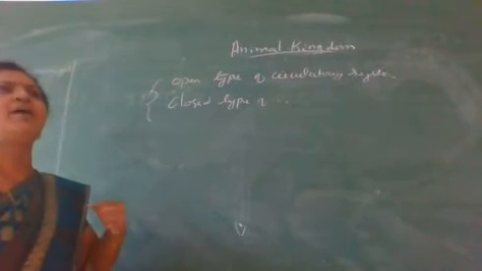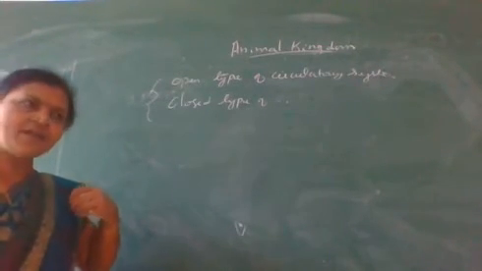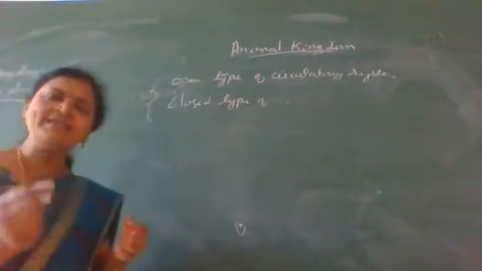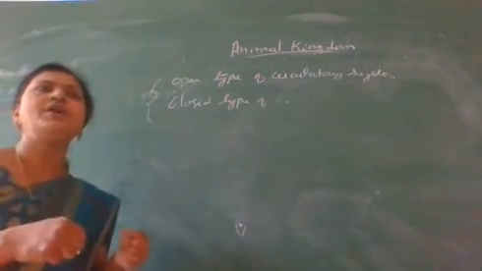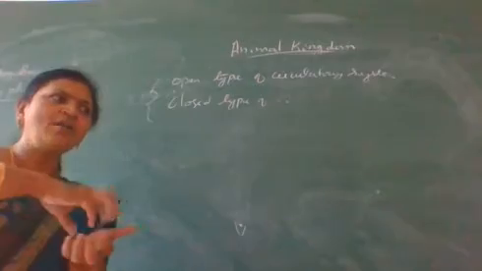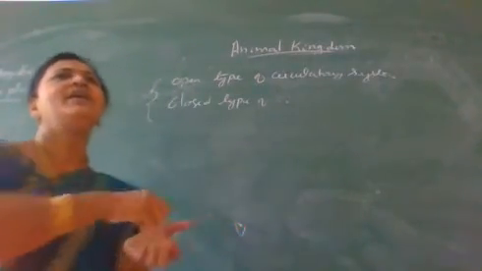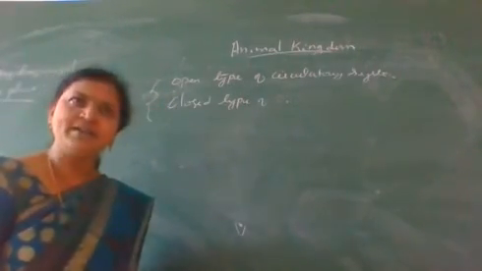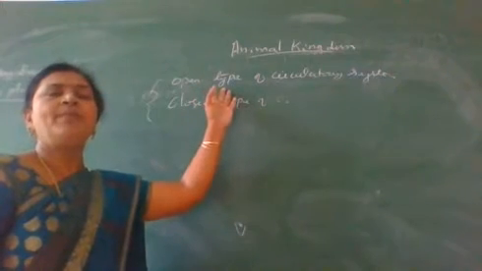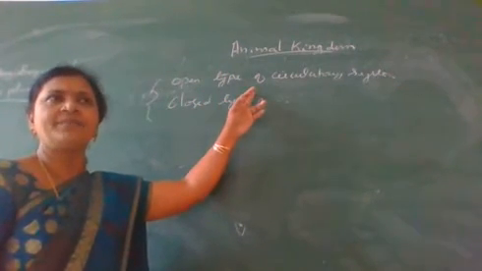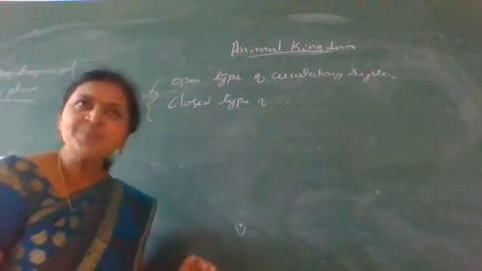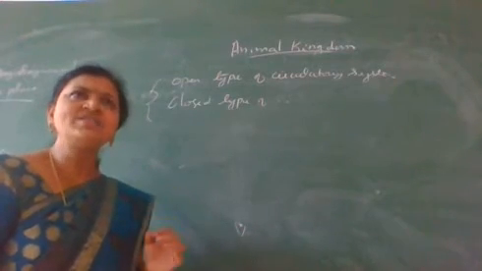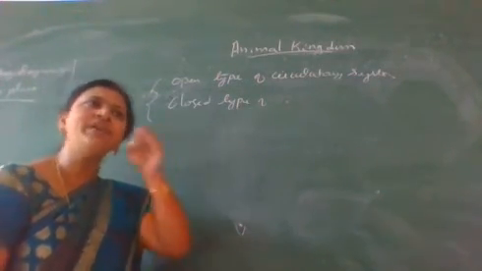Whatever blood is pumped from the heart comes out of the heart and enters into the body, where each and every cell and tissue of the body is dipped in the blood. That means, in open type of circulatory system, the blood pumped from the heart goes into the body spaces, where each and every cell and tissue is bathed in the blood.